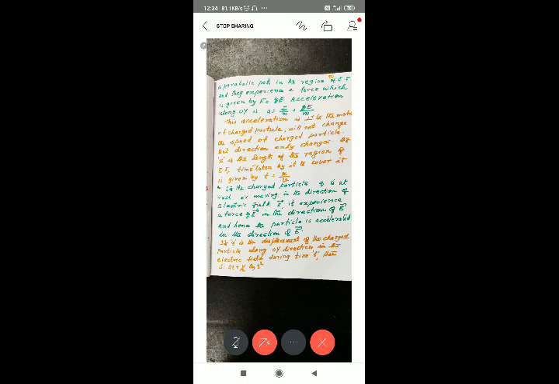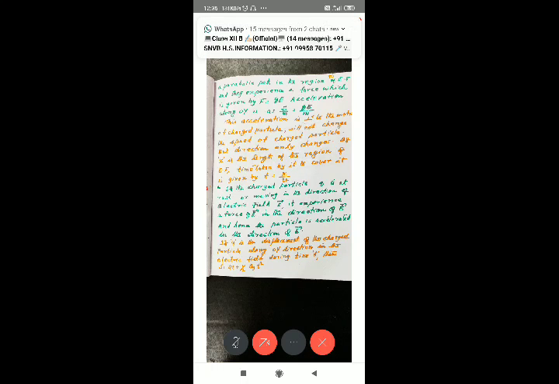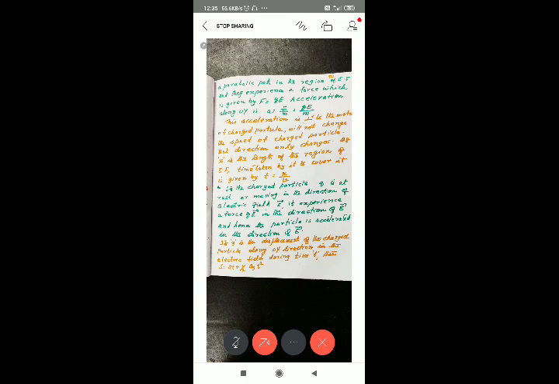If y is the displacement of the charged particle along the y direction during time t, then y equal to ut plus half at square. That is how much distance it moves in the direction of the electric field.